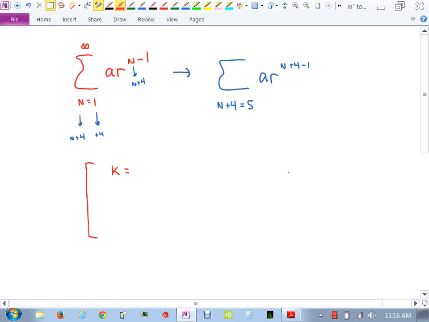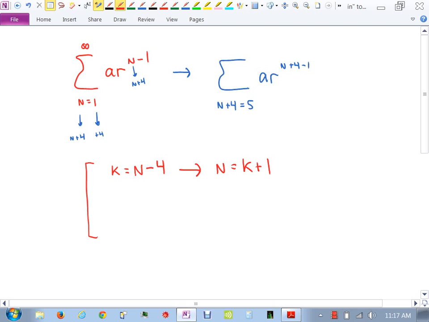So let's do it with the k. How can we get it with the k? Let k equal what? Where did I say I want my index to start? At 5? So what do I need to put here? N minus 4? If you don't like this, do it this way. Let n equal k plus 1.